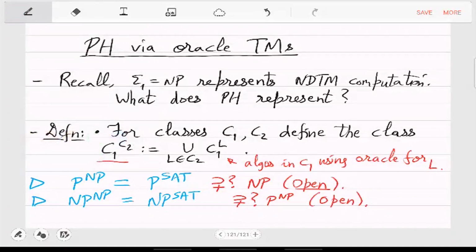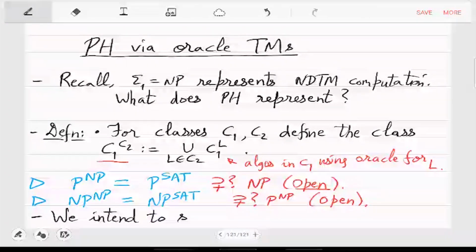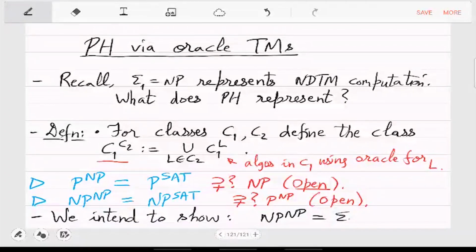Right? So we are actually building classes above NP potentially. From NP we went to P raised to NP, from P raised to NP we went to NP raised to NP. And we can keep doing this. So what we intend to show is that NP to the NP is really sigma 2 that we had defined.